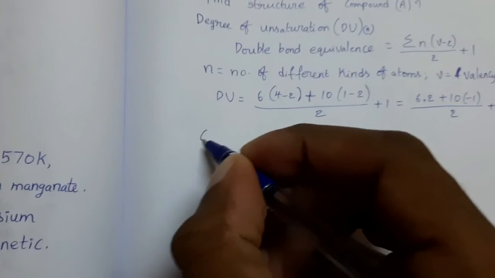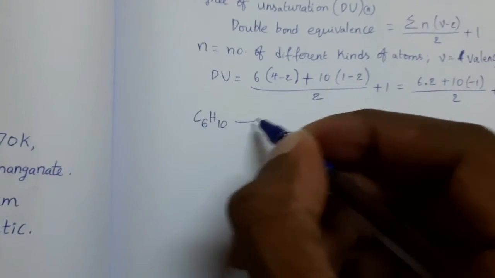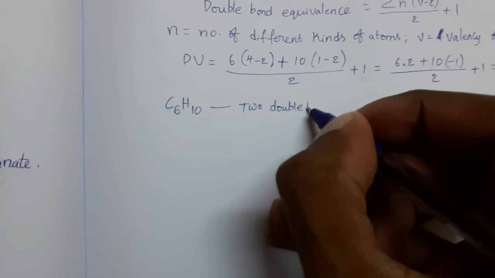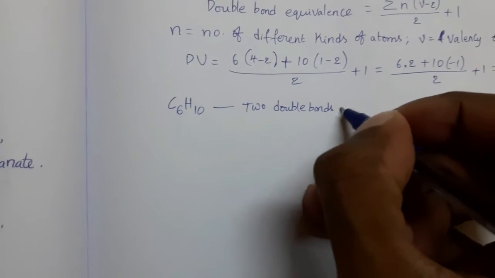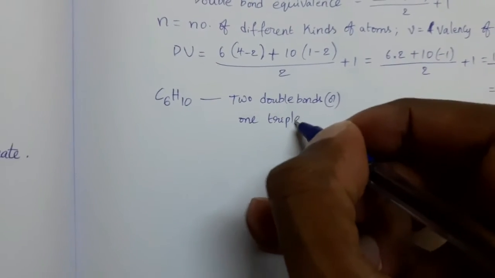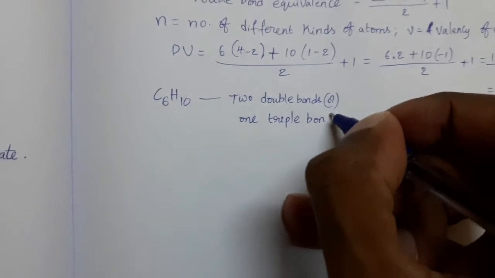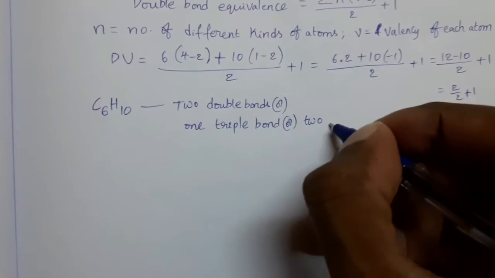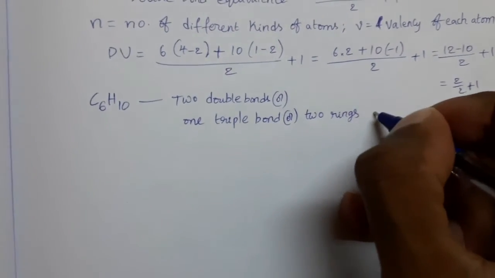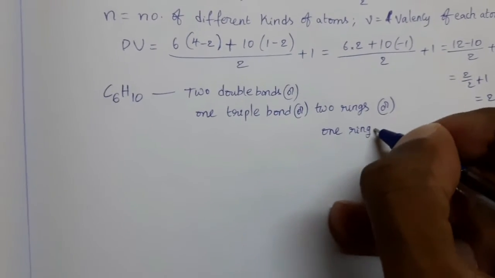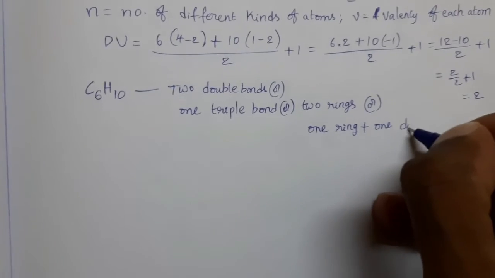It indicates this compound has 2 double bonds, or 1 triple bond, or 2 rings, or 1 ring plus 1 double bond.